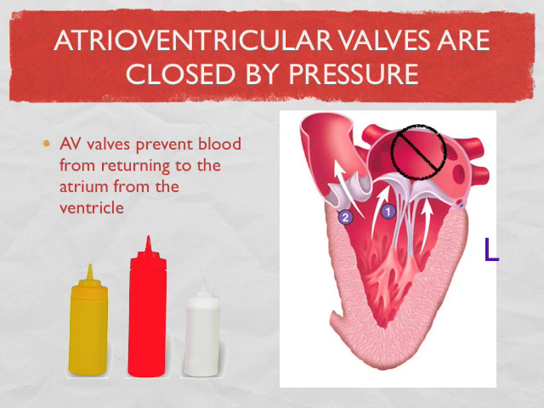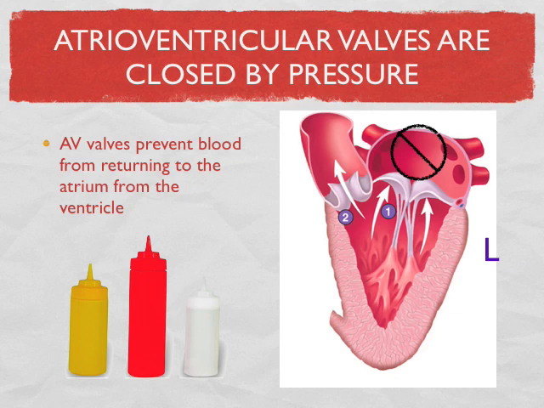If it can't go into the atrium, where can it go? Yeah, out through the artery. Right? This would represent the aorta. The only way for the blood to go is out through that aorta. Okay?